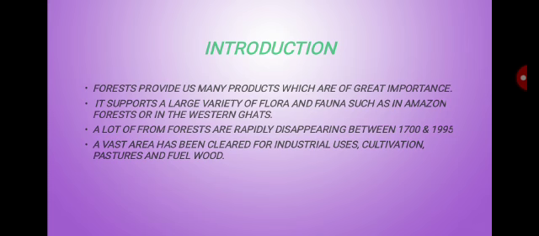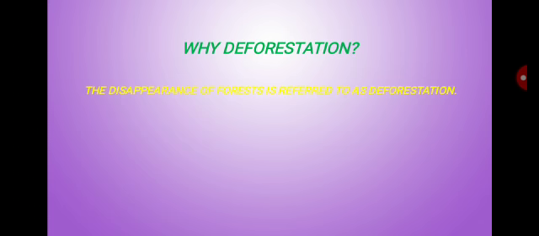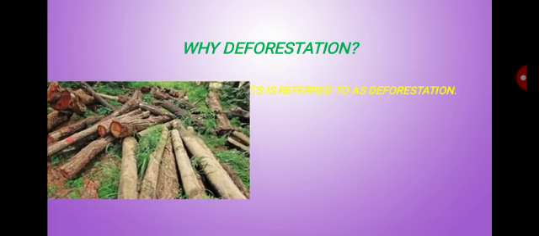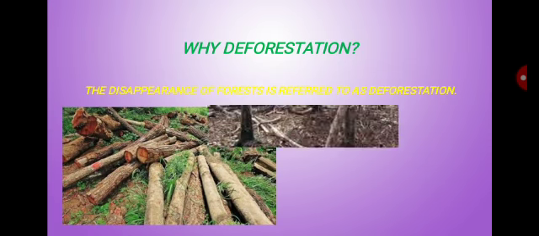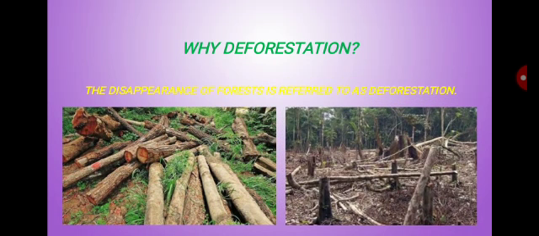Let's move to the first topic, that is deforestation. It means when we started going far from the company of nature, when we started cutting the trees for the sake of progress, to meet the requirements of that time's industries.